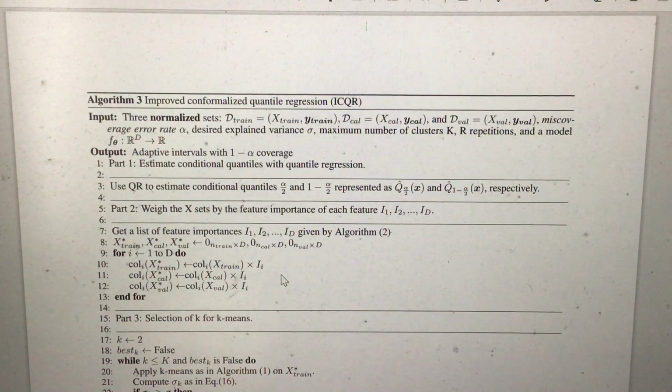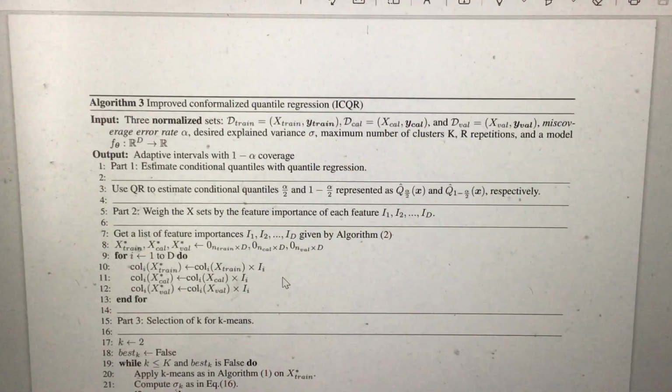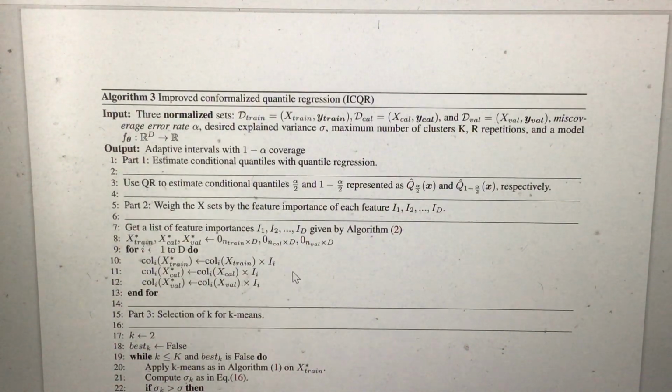So we just do the K-means for each group for the conditional coverage. Also we apply the feature importance to every data, so that we have this improved conformalized quantile regression.